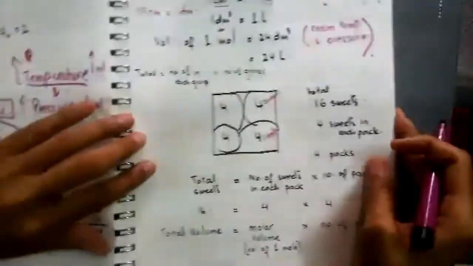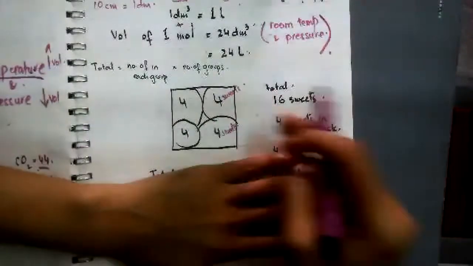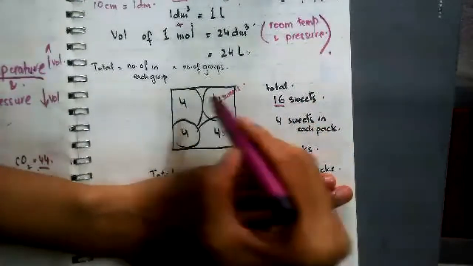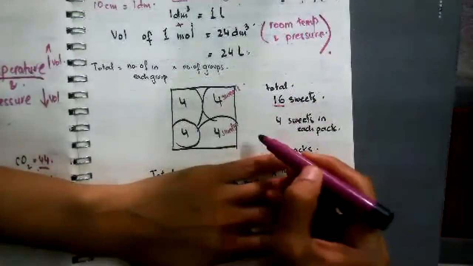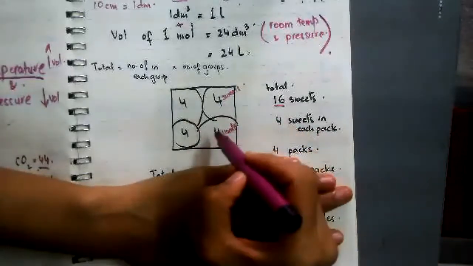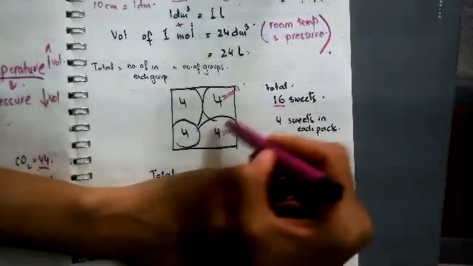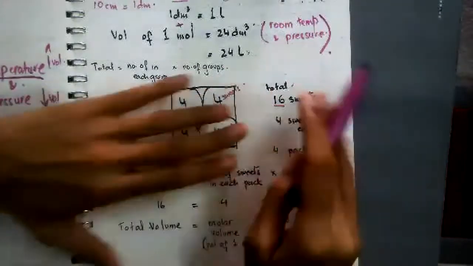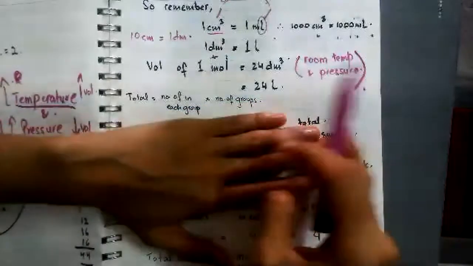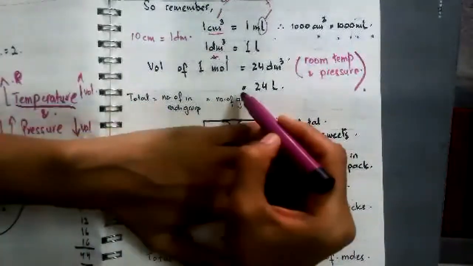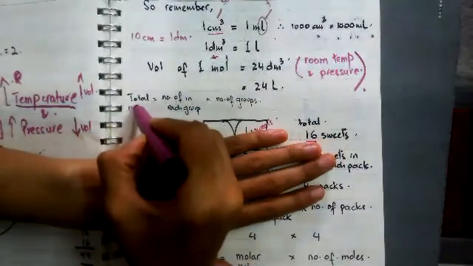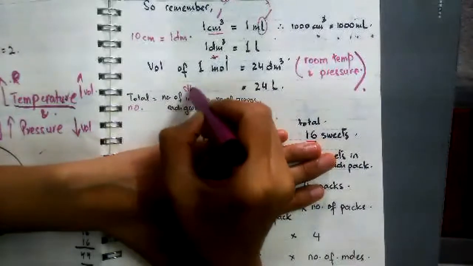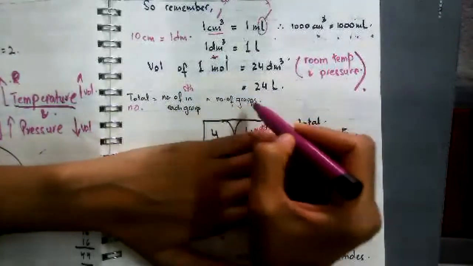Now there are 3 pieces of information that we have from this. The total number of sweets is 16. How did we know that? 4, 4, 4, 4, so 4 4s are 16. And there are 4 sweets in each pack, and a total of 4 packs. If you remember, when division was first introduced to you, the total number is equal to the number of items in each group multiplied by the number of groups.